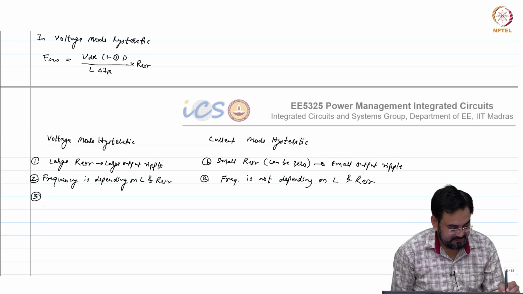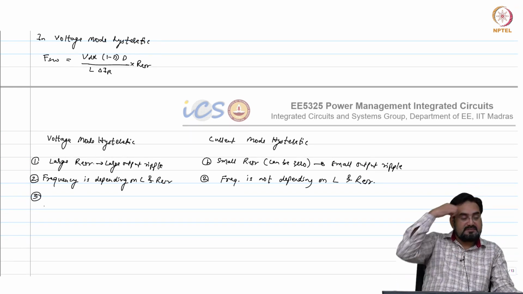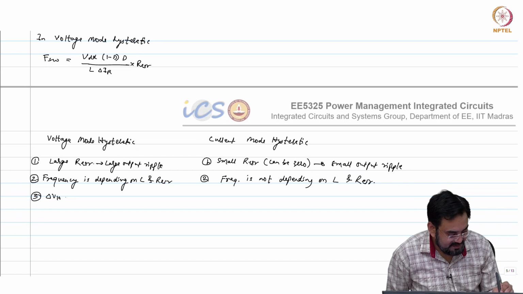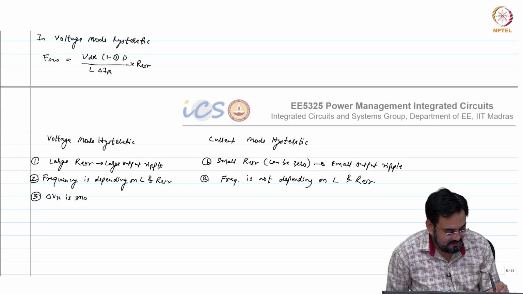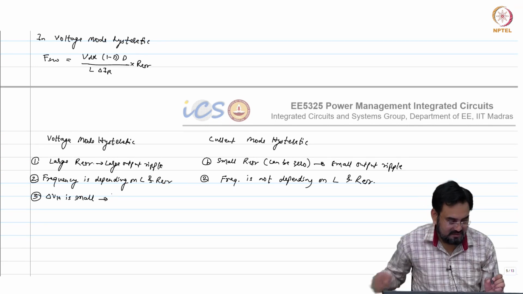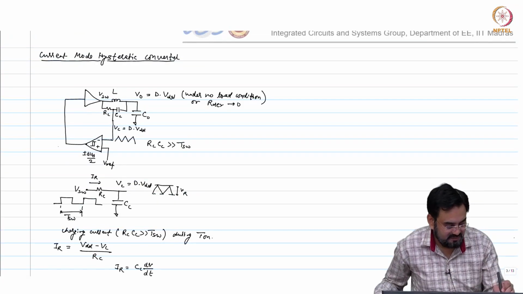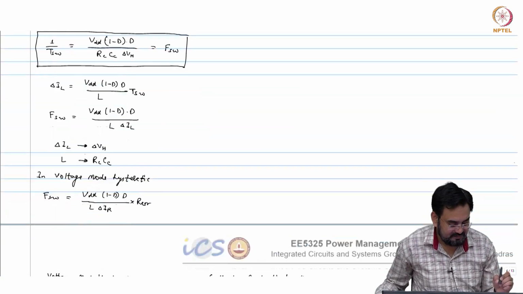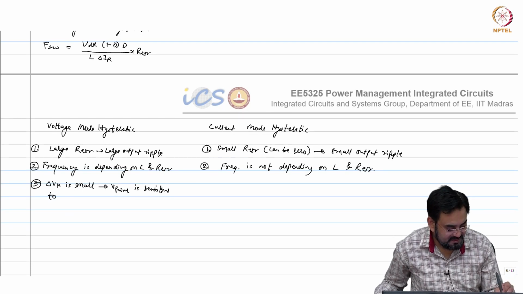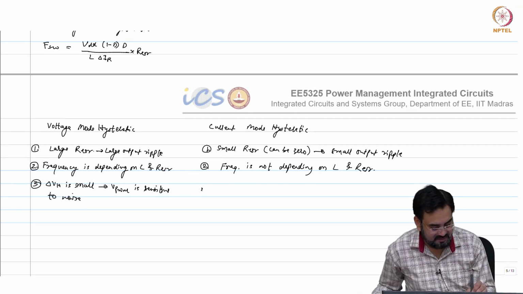What else? What about the noise sensitivity? So delta VH is small, which means sensitive to noise.